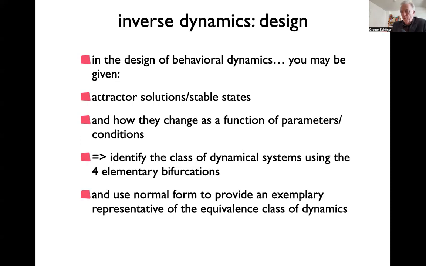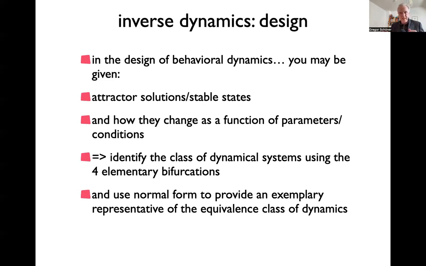For instance, we would say we want certain kinds of attractors, and under some conditions, for instance sensory information, and under other conditions, we want some of those attractors to disappear or become unstable, and new attractors to arise and so on. So we determine how the solutions change as conditions change.